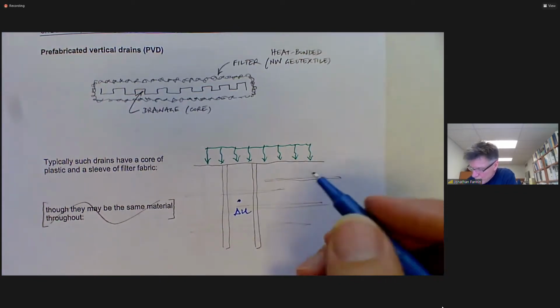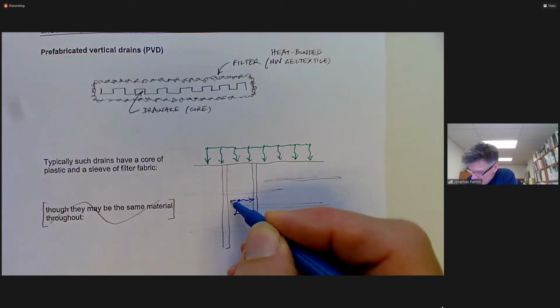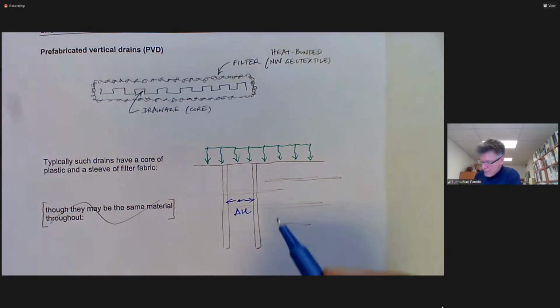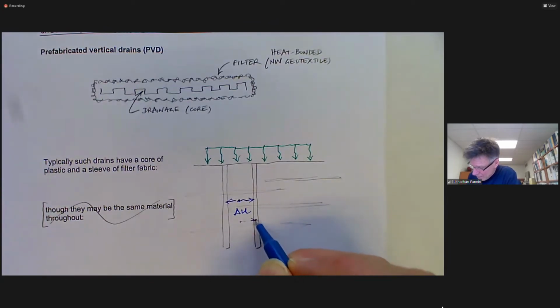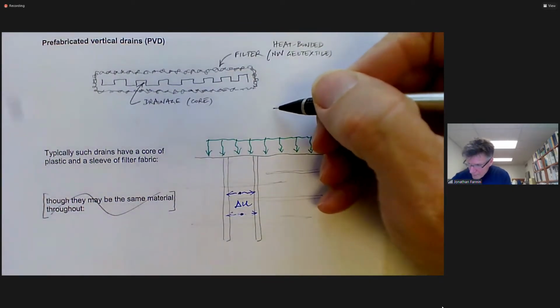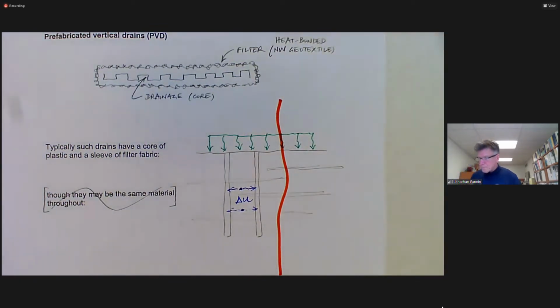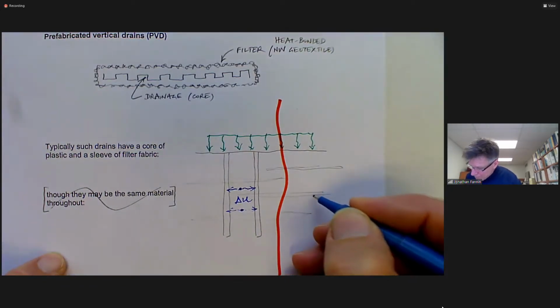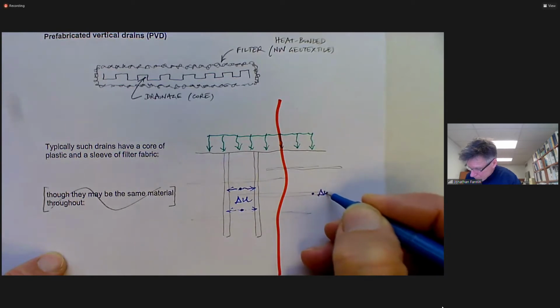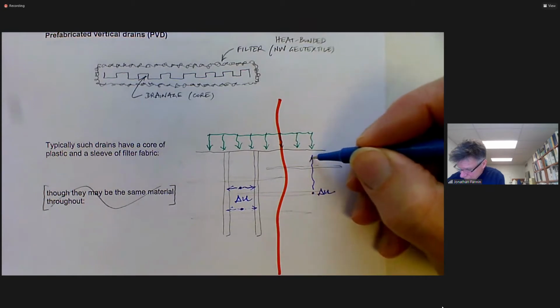And those excess pore water pressures will dissipate, and the path of least resistance, arguably, is going to be to the drains. And in the absence of drains, then the excess pore pressure is going to drain upwards, for sure, to the free surface.